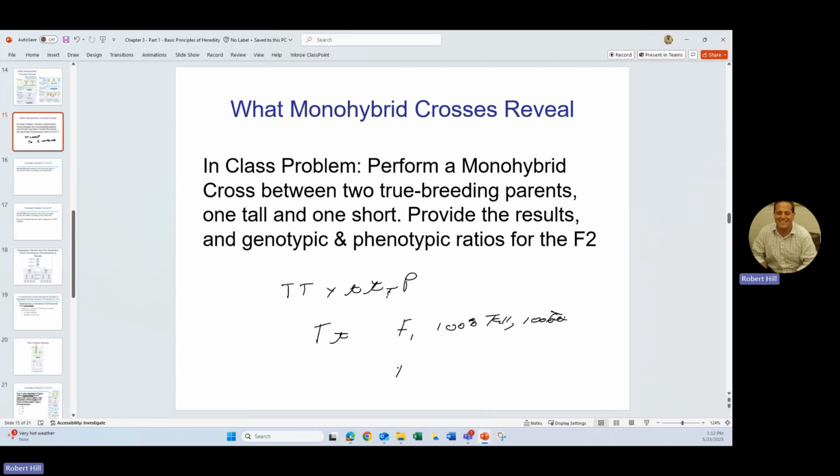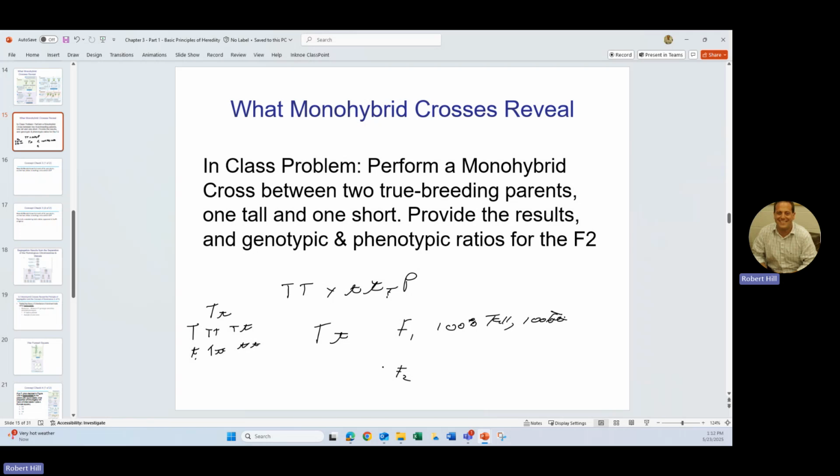For the F2 generation, well, we're going to cross this with itself. Let's do a little Punnett square over here on the side. Big T, little t, big T, little t. So that's going to make big T big T, big T little t, big T little t, and little t little t. Okay.